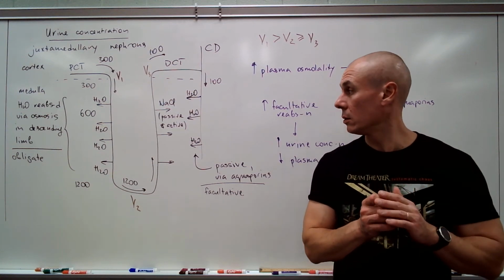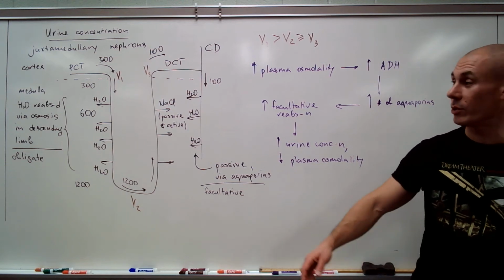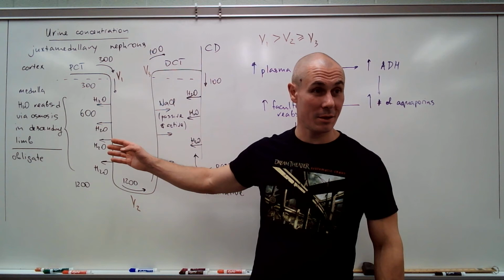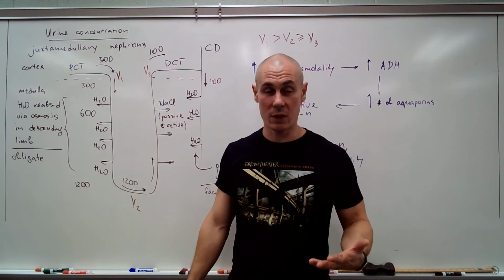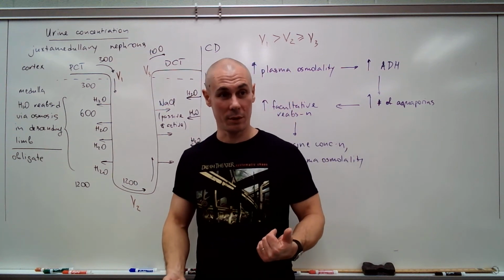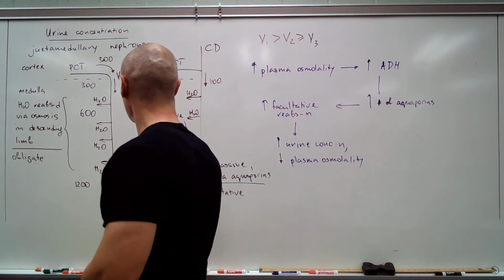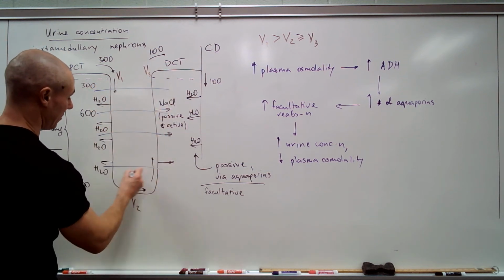Now I'm trying to think about... Oh yeah, we forgot. If you will be reabsorbing water, this whole gradient of concentrations in the medulla will be ruined. So you need something else that would pick up all the water. Does that make sense? And that will be the vasa recta.